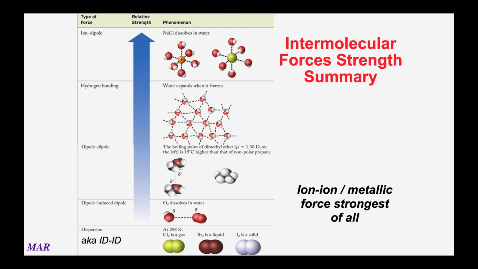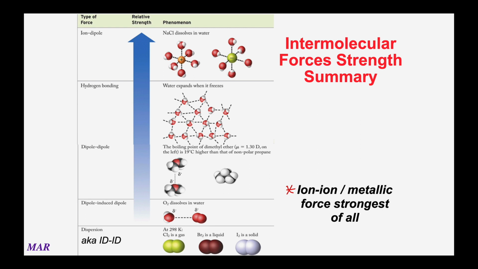One more we haven't looked at is that if you have pure ions, like pure sodium chloride, that's an ion-ion force. And also if you have a pure metal, like pure iron or pure chromium, that's called a metallic force. Those two forces we're going to consider to be the strongest force of all, even stronger than ion-dipole.